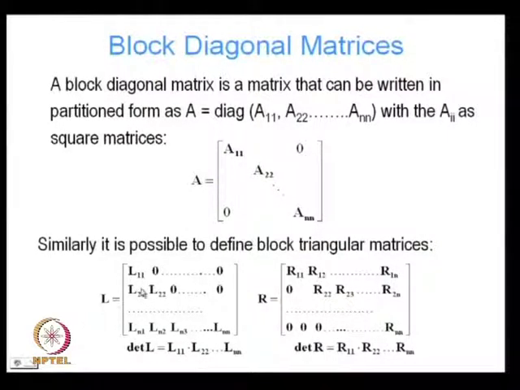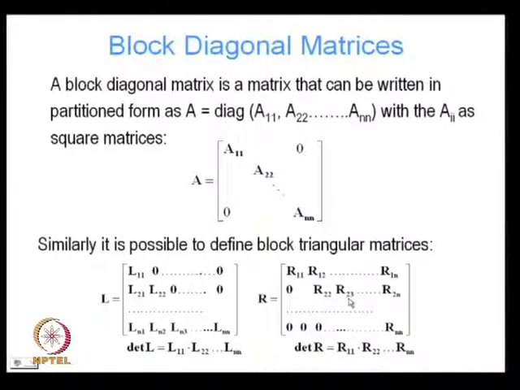For instance, L11, L21, L22 are actually blocks of matrices, but they have the same structure as a lower triangular matrix. Similarly, a block upper triangular matrix has the same structure as an upper triangular matrix. The only difference is that R11, R12, R1n, instead of being individual scalars, are actually individual matrices.